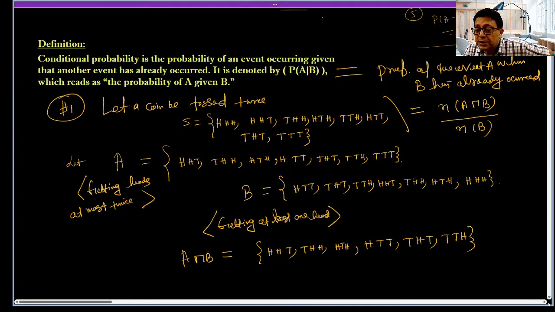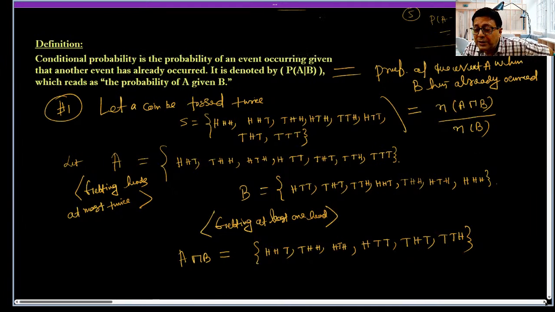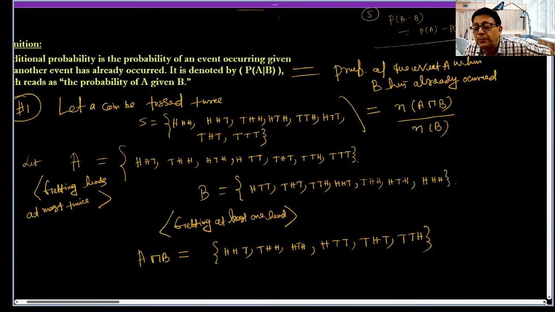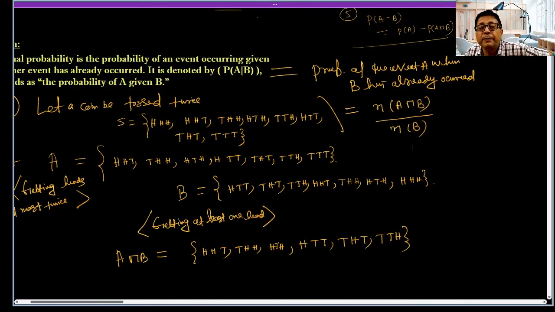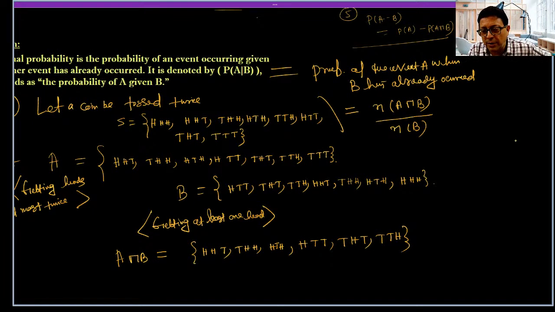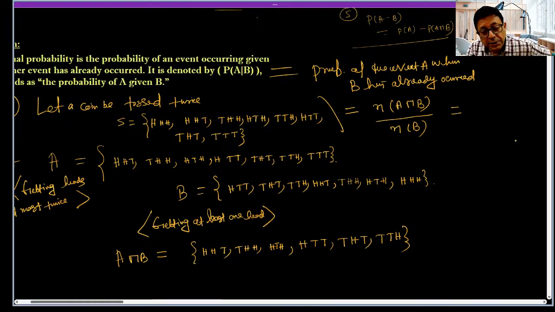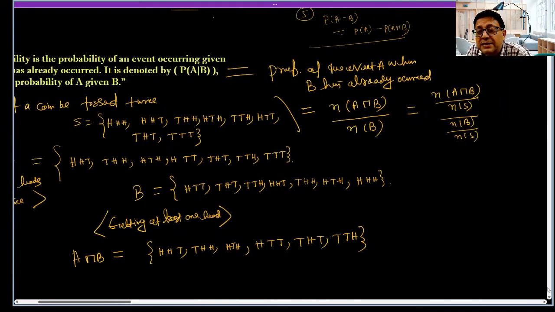Now in the original definition of probability I have used the number of favorable cases by total number of outcomes. This is nothing but n(A intersection B) by n(S) divided by n(B) by n(S). n(S) stands for the total number of points in the sample space.